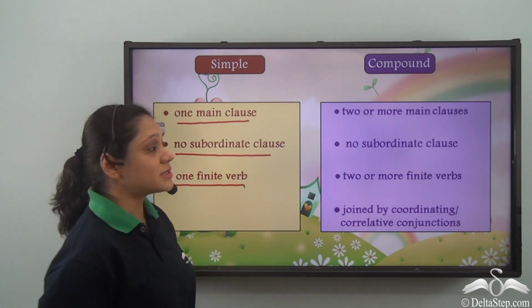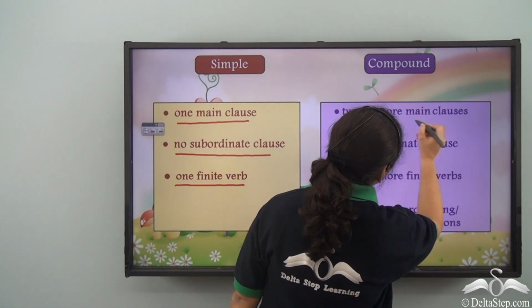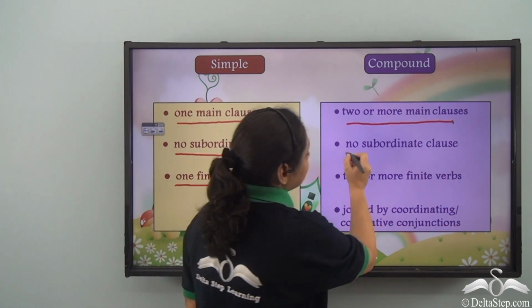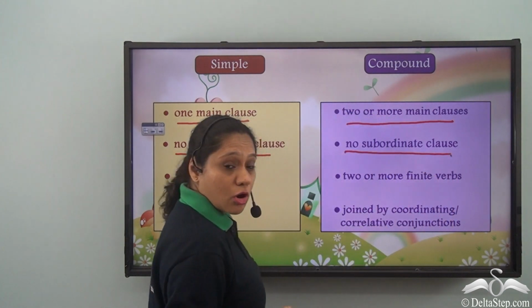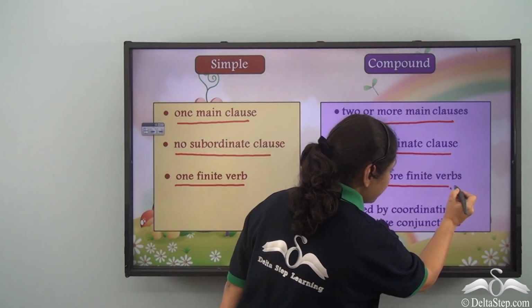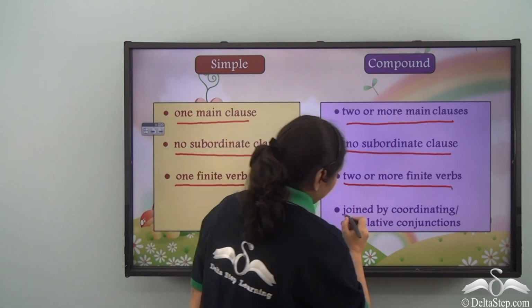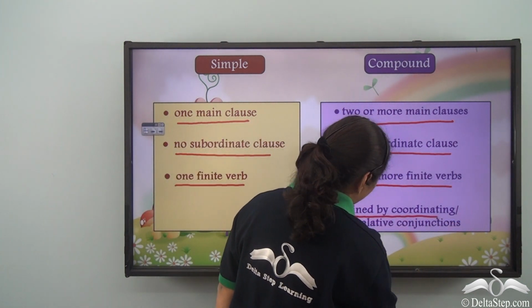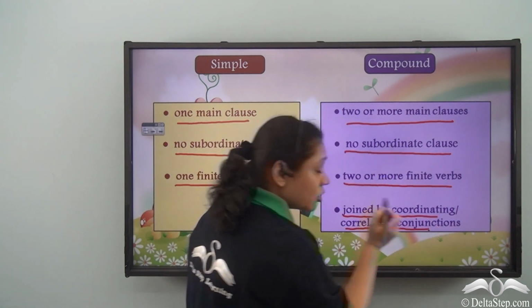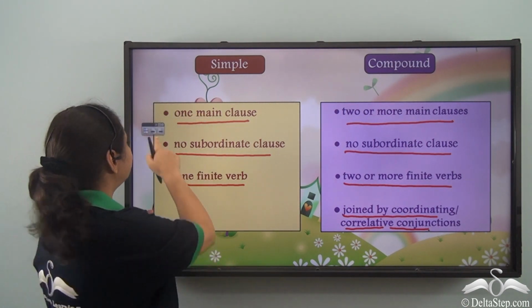Whereas a compound sentence has two or more main clauses, it has no subordinate clause, it has two or more finite verbs, and the clauses are joined by either coordinating or correlative conjunctions.